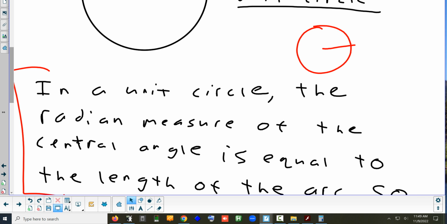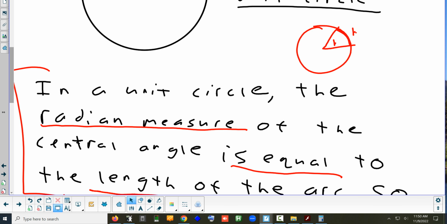Let's say I draw this out, and that's 1 radian. Then this arc is 1 unit. If this angle is 2 radians, then this arc would be 2 units. If it was 7 radians, 7 units. 8, 8, 10, 10. They're always the same on a unit circle. So the measure of the angle is equal to the length of the arc.